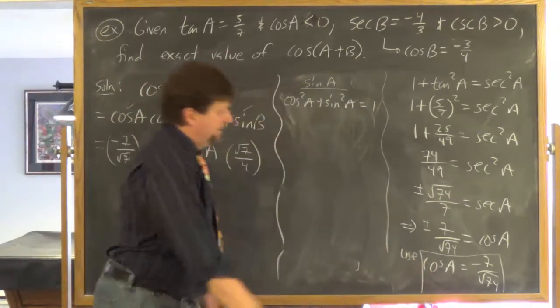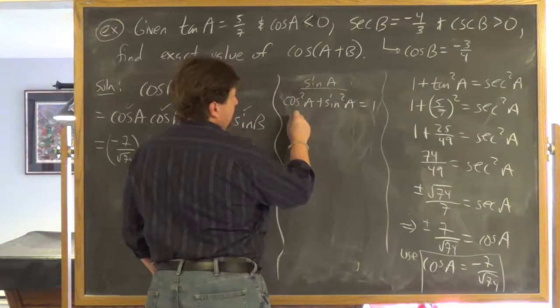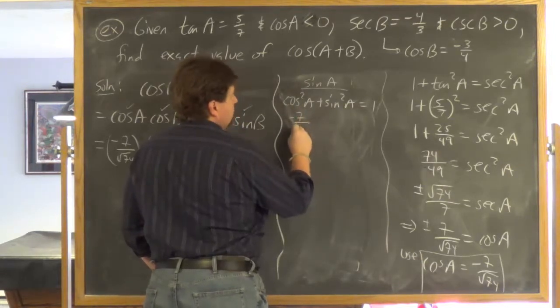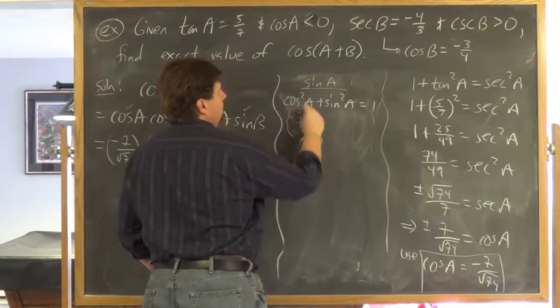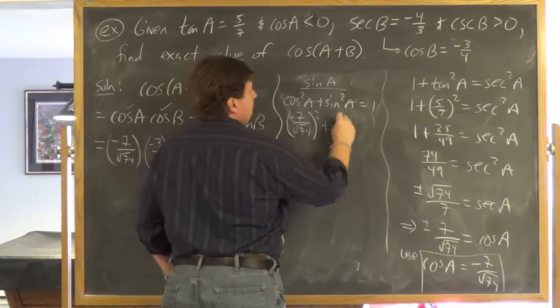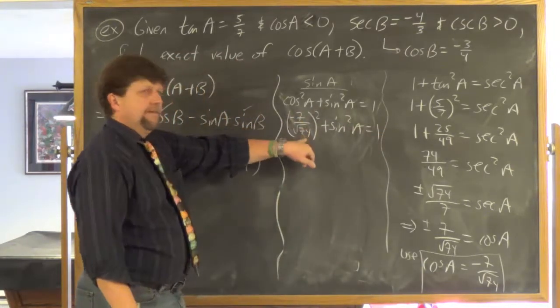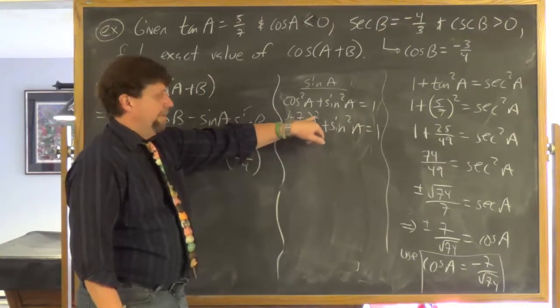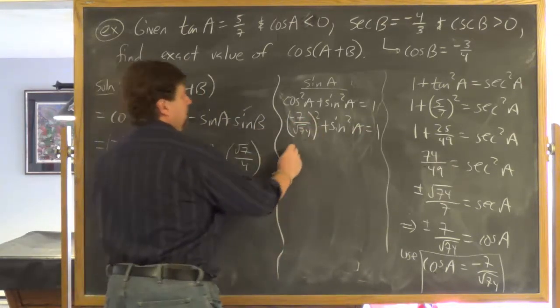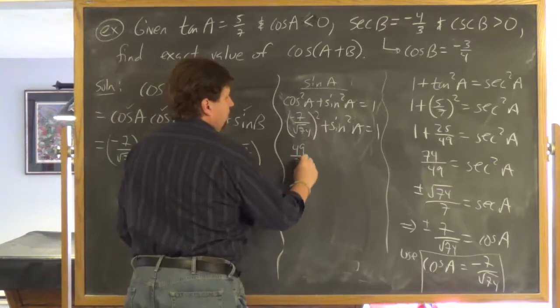We know what the cosine of A is, so we substitute that in. Negative 7 over the square root of 74 squared plus sine squared is 1. When I take negative 7 over square root 74 and square that, it gives me 49 over 74.